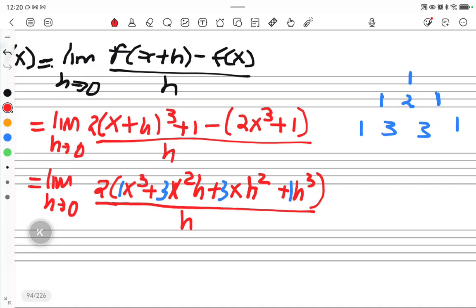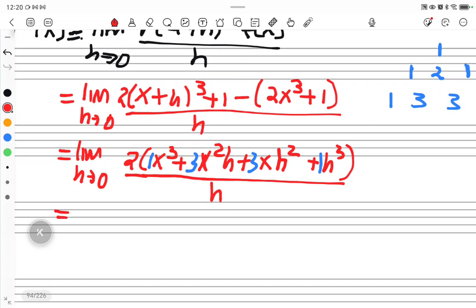You see, right? And then this will be the limit as h approaches 0 of 2x, I forgot to subtract these other ones here, 2x to the third minus 1, minus 1.